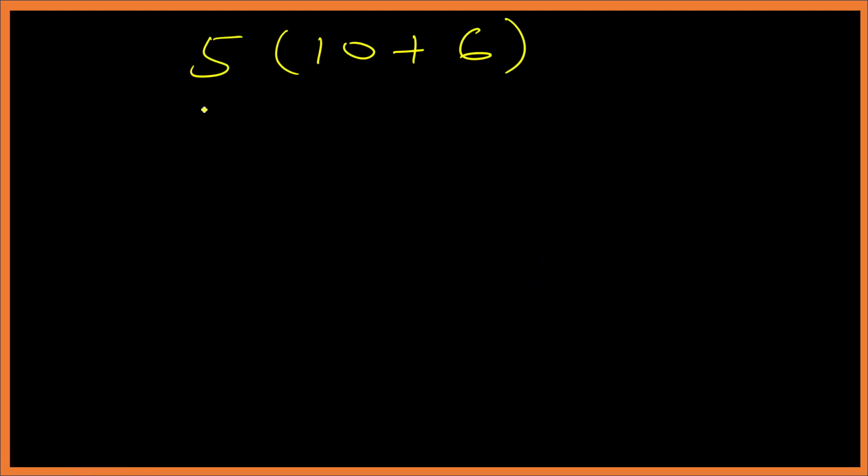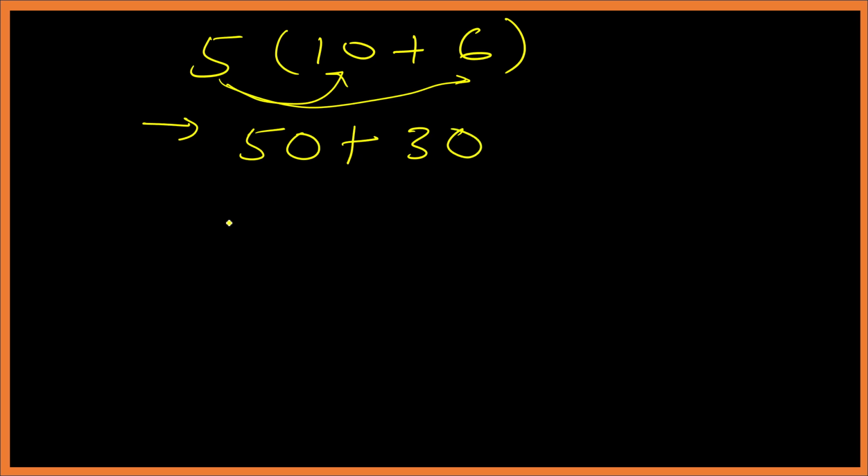So let's expand the brackets. 5 times 10 is 50. 5 times 6 is 30. So the correct answer is 80. As simple as that.